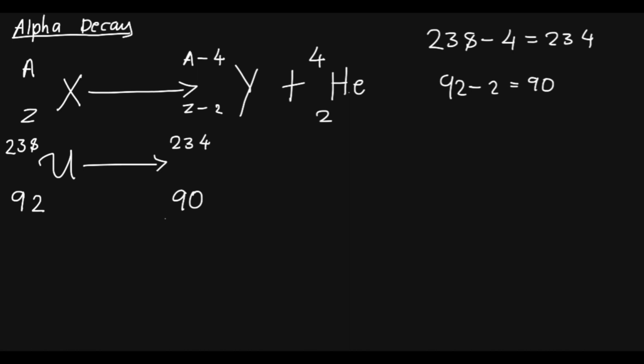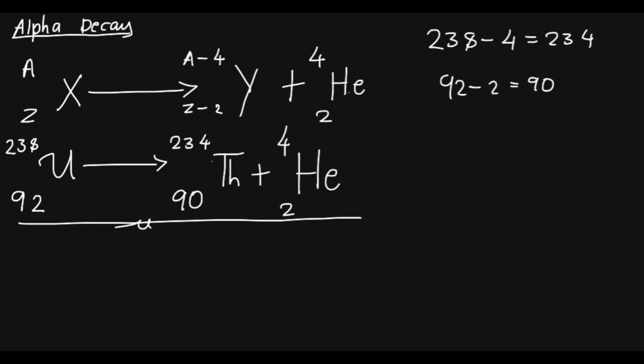The key point is you just have to look at the atomic number. So on the periodic table, which element has the atomic number of 90? According to my periodic table, I have thorium. So thorium, Th, plus we write He 4 and 2. So this is the nuclear equation for this one.